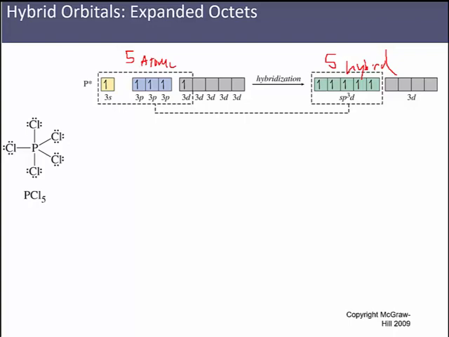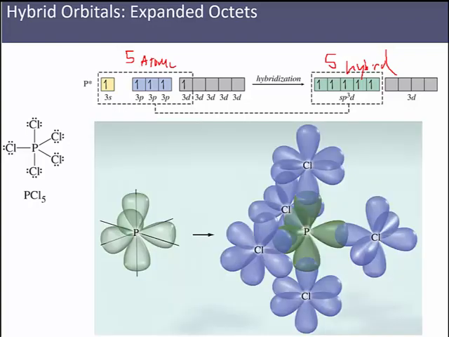And when we do that, we're going to end up with a shape that is going to match that trigonal bipyramidal shape that you would expect for something that has an electron domain geometry with 5 things around it. Now we've got our 5 sp3d, so 1 s, 3 p's, and 1 d. This is going to make an sp3d.